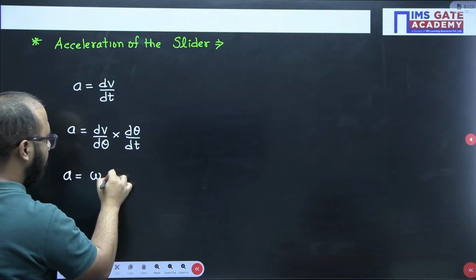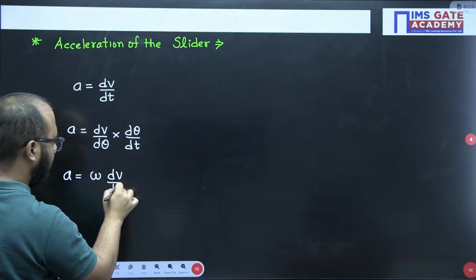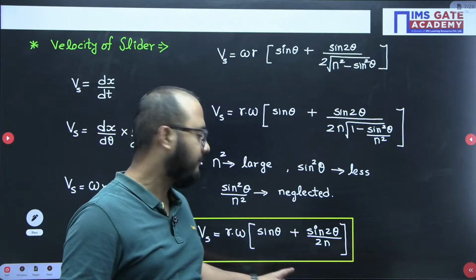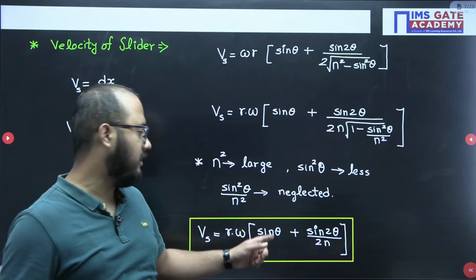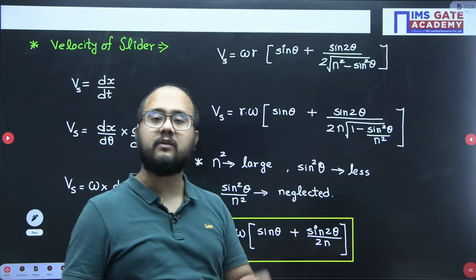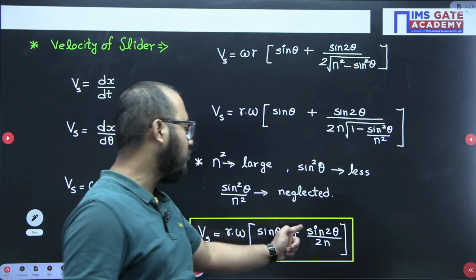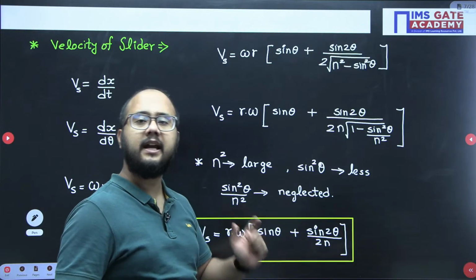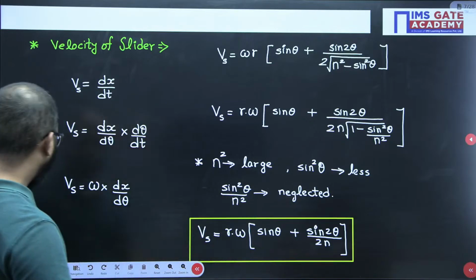So what I need to do, dv by d theta. Now if I see velocity formula, r omega constant, sin theta differentiation will be cos theta, sin 2 theta differentiation will be cos 2 theta and 2. That 2 will cancel out with this denominator 2. So cos 2 theta divided by n, it will be there only, right?